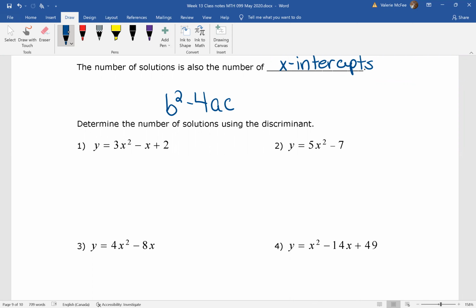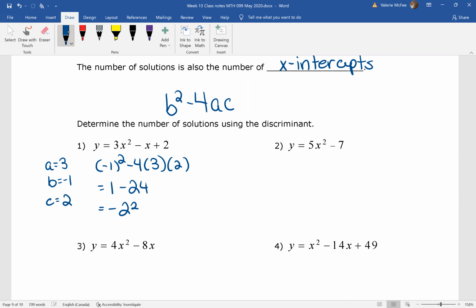Let's do number 1 together. We see that a is 3, b is -1, c equals 2. Our discriminant is b squared minus 4 times a times c. The discriminant equals -23.